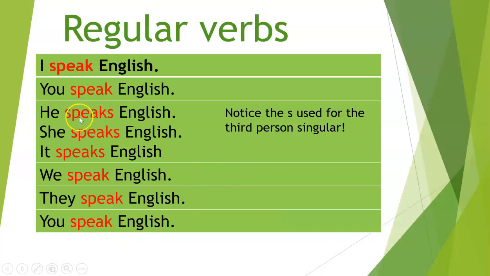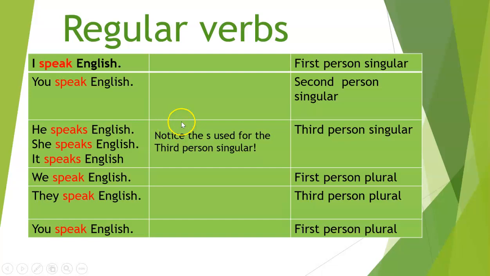So notice for these ones, for he, she, and it, this is what we call third person singular. Third person singular. So for these subjects, we are going to put the S right there, right? So notice the S on he, she, and it.